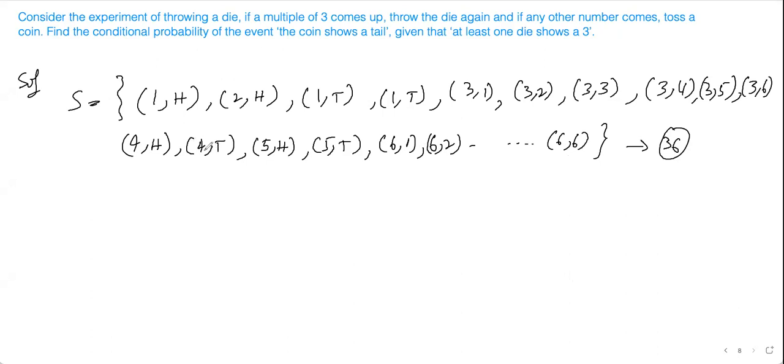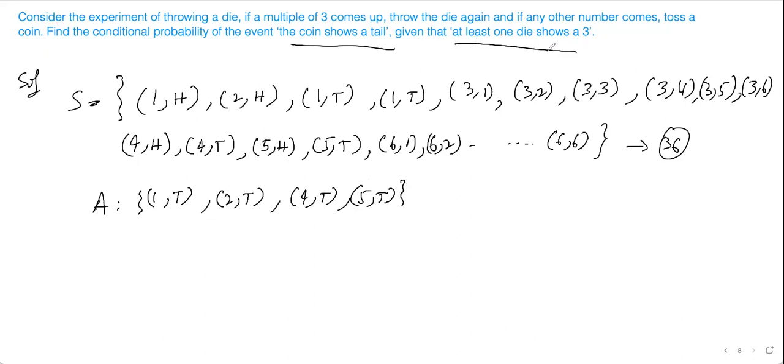On doing so, let us consider A as the event that the coin shows tail, right? Which is 1 comma T, 2 comma T, 4 comma T, and 5 comma T, right?